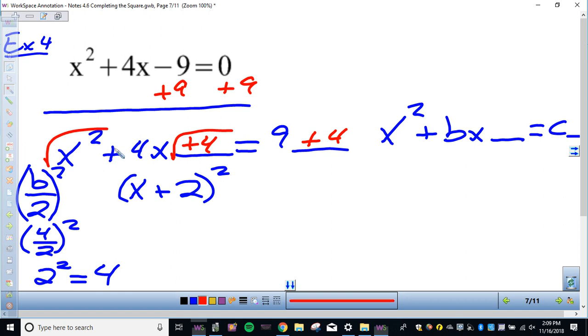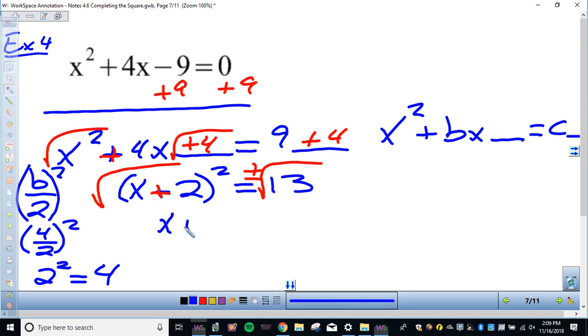Again, remember, we're taking that sign from b. It's the same sign always in those parentheses. And 9 plus 4 is 13. Then we just square root both sides. Don't forget plus minus.